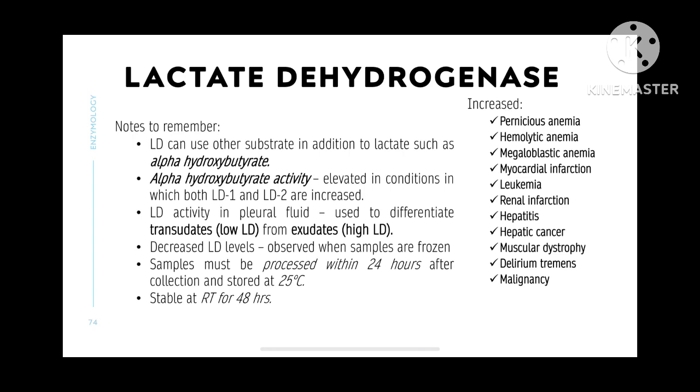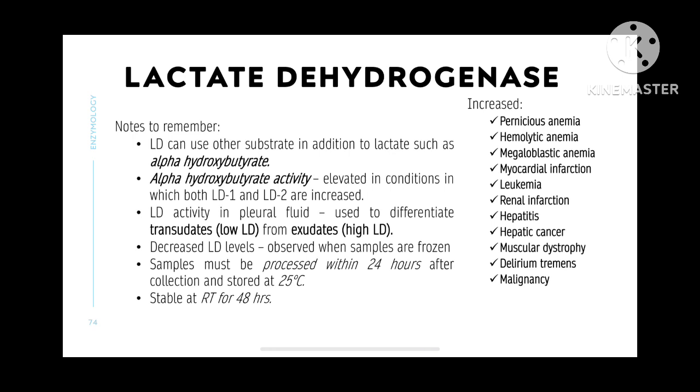Remember, LD1 has a polypeptide chain of H, H, H, H, and this chemical assay, known as the measurement of alpha hydroxybutyrate dehydrogenase activity, is used to separate a distinct enzyme and is considered to represent the LD1 activity of the total lactate dehydrogenase.